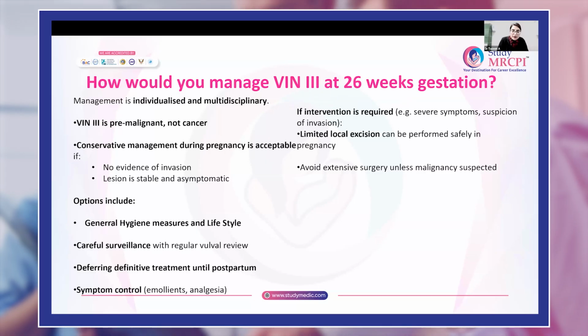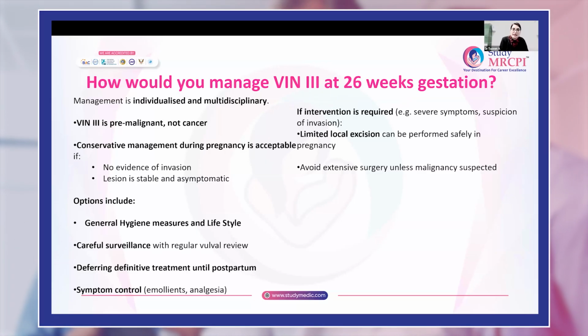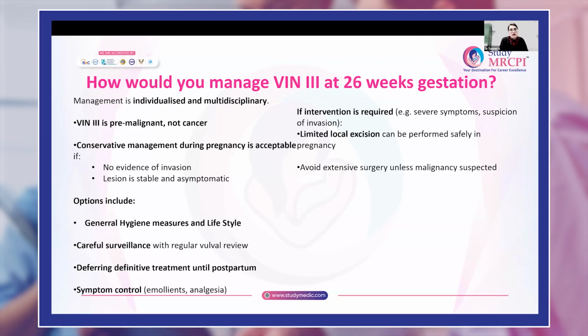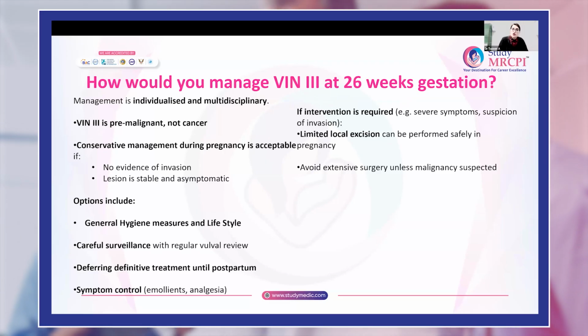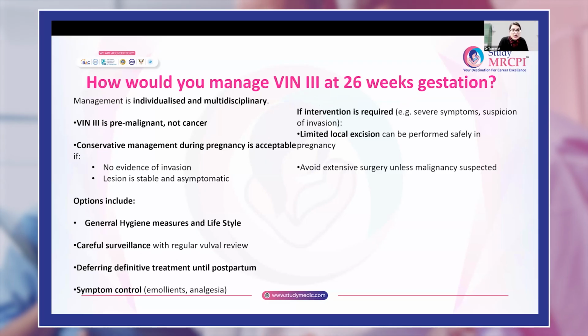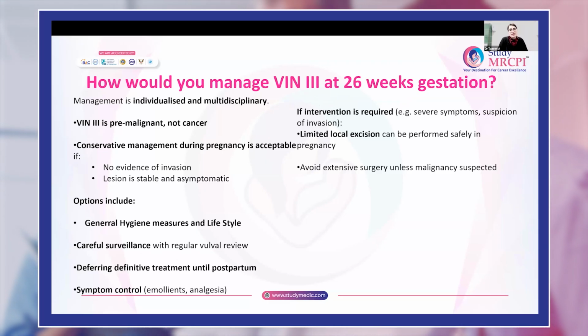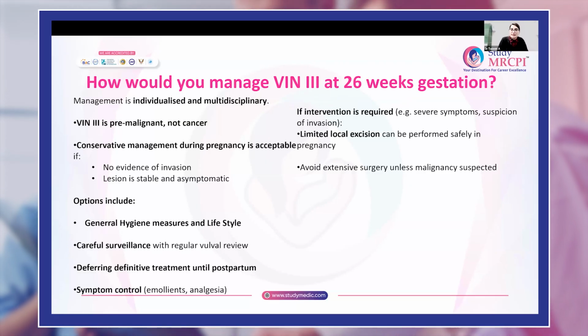Conservative management during pregnancy if there is no evidence of invasion or if the lesion is stable and asymptomatic. This would include general hygiene measures and lifestyle advice, optimization of general health, careful surveillance with regular vulval review, deferring the definitive treatment until postpartum, and symptom control with emollients and analgesics.